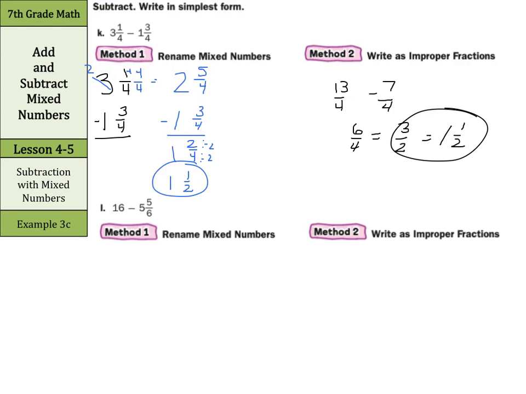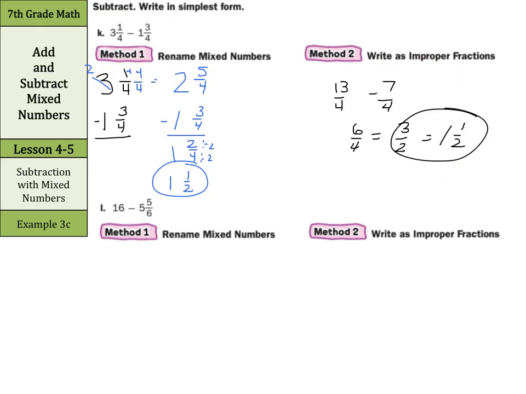Now, just because we've been borrowing a lot and renaming a lot here, just be careful that you don't do this on fractions you don't need to. Remember, the first few examples today, you didn't need to do these. Just pay attention. Go, I can't take 3 away from 1, so I need to rename, or I need to write as improper fractions.